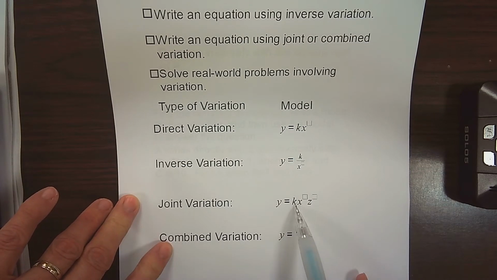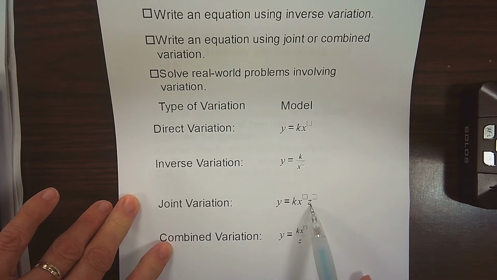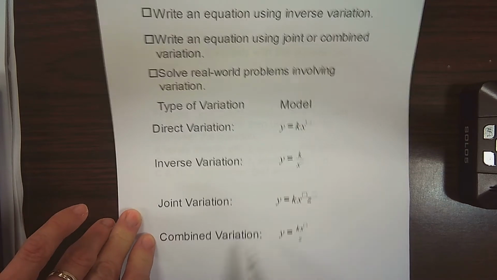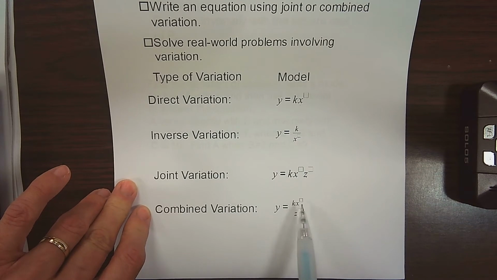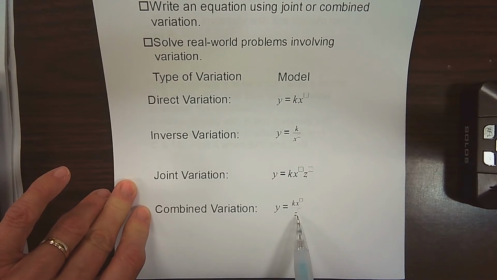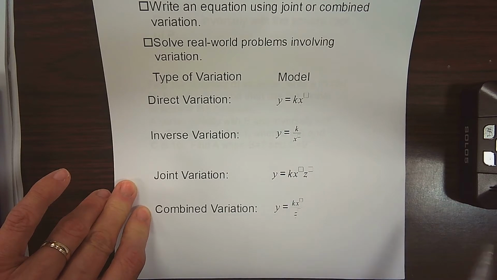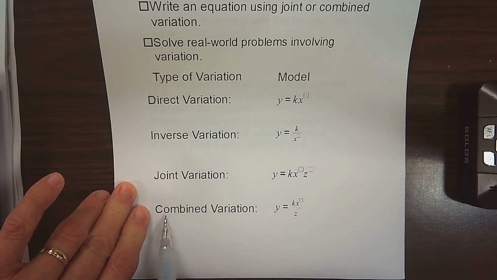Joint variation means directly varying with more than one variable or variable to a power. And combined means you've got some joint relationship and inverse relationship. So here, y would be varying directly with x to whatever power and inversely with z to some power. So you won't in the problem hear the word combined variation really used.